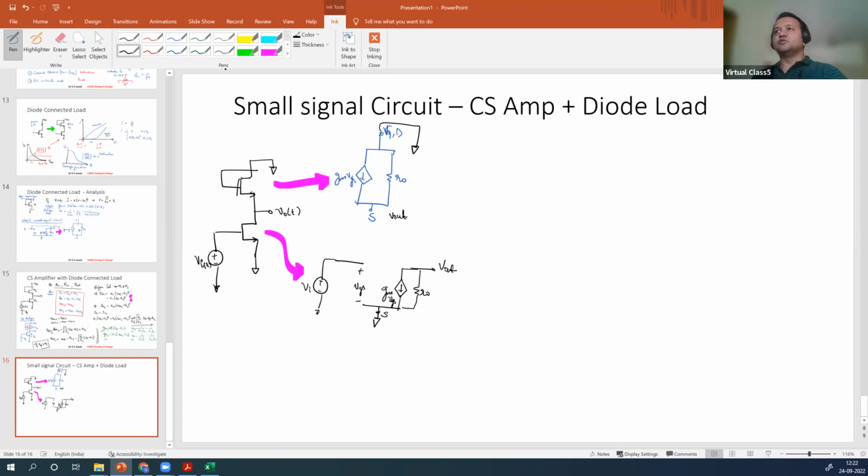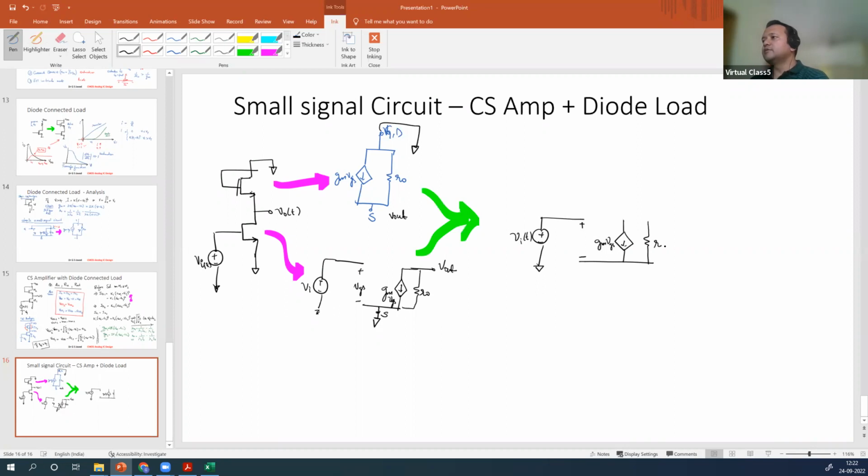Now if you merge these two, you will get your Vi of t, grounded, then VGS plus minus VGS, gm VGS on the output side, R0. This is Vout.